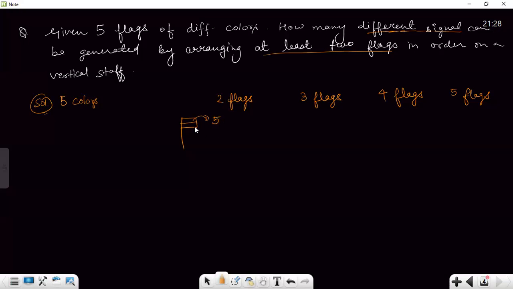Having used one option, for the second place we have 4 options. These are dependent events because together they make a whole signal. The total number of signals that can be generated by 2 flags is 5 into 4, that is 20.